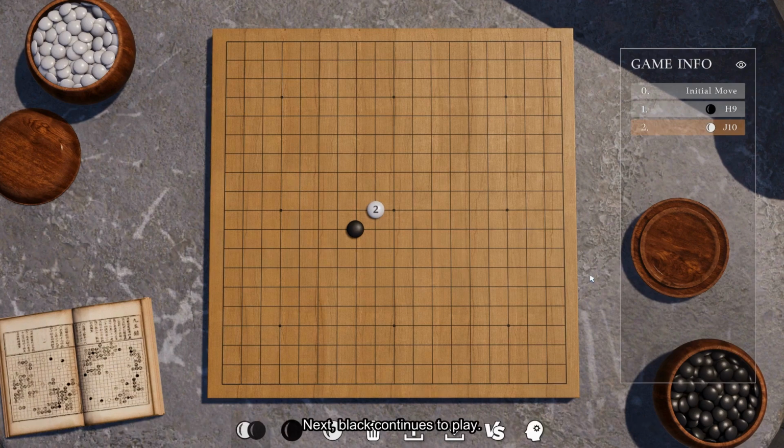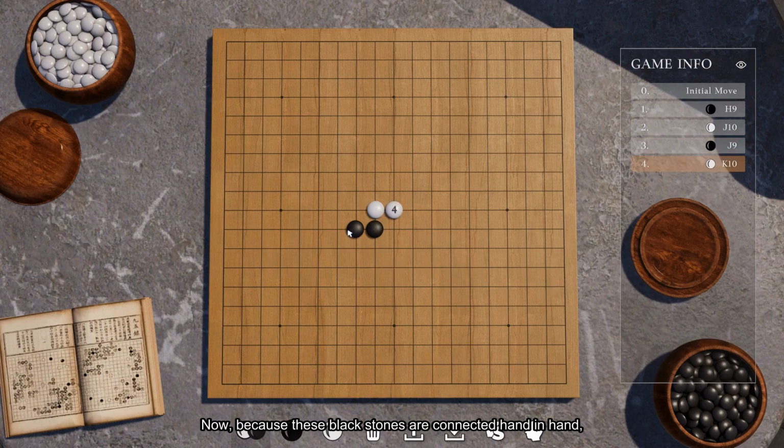Next, black continues to play. Okay, black plays here, and white also plays here. Now, because these black stones are connected hand in hand, these two black stones are called a single group, and these two white stones are also a group.